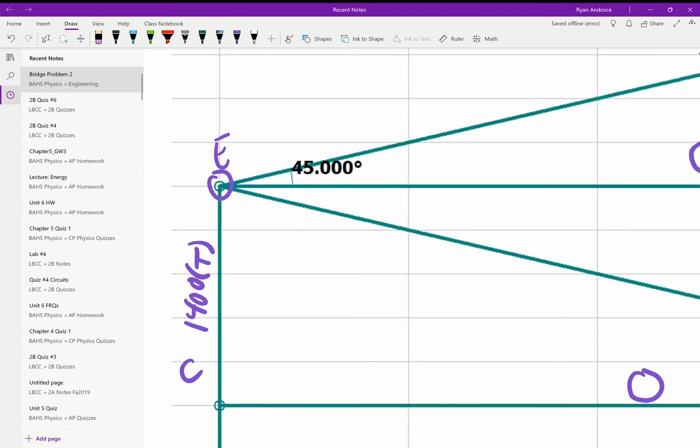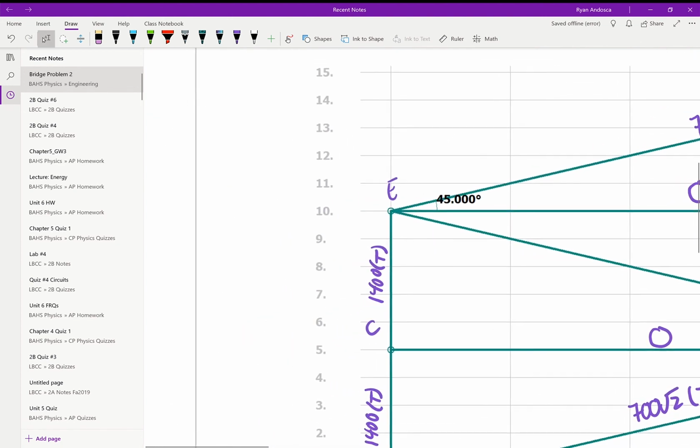All right, so let's redraw E over here. So here's E. It's got an up and to the right that we already know is 700 root 2. It's got an unknown down and to the left, and it's got a 0 going to the right, which I'm not going to bother to redraw, and it has a 1400 tension, which means it's going down, so 1400.